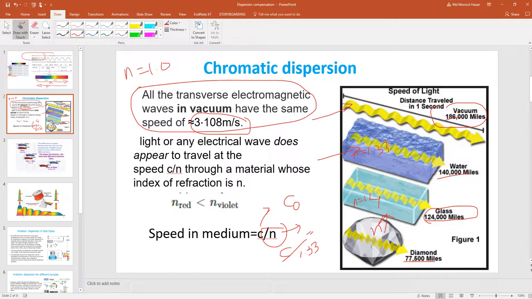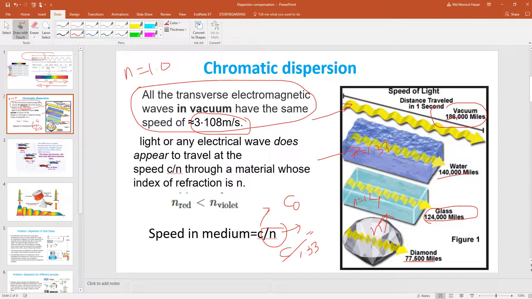Another thing to notice is that the speed of light is different for different wavelengths, because the refractive index for a material is different for different wavelengths.